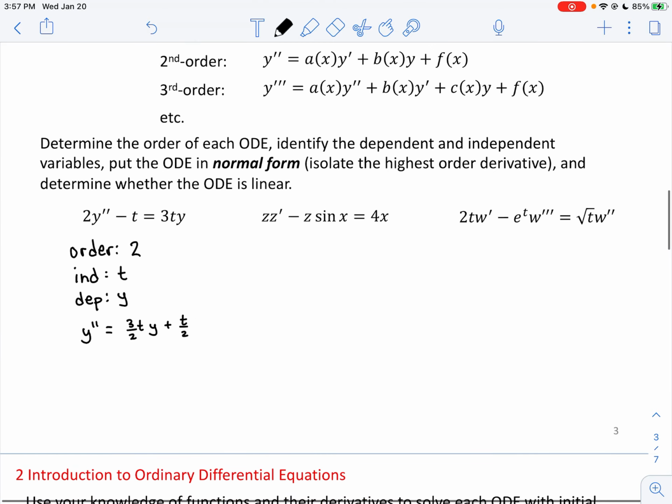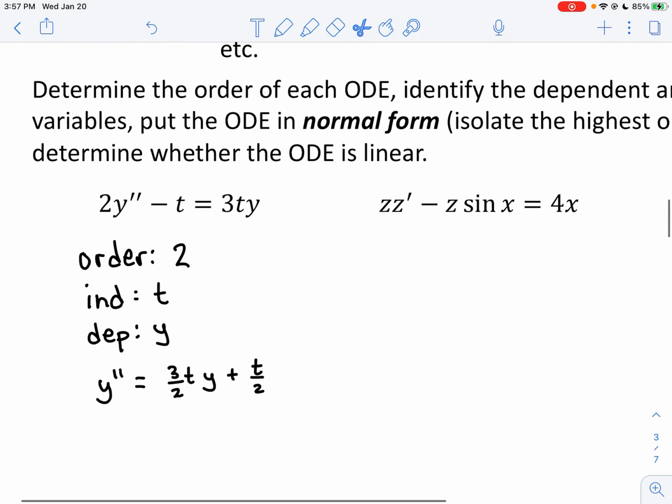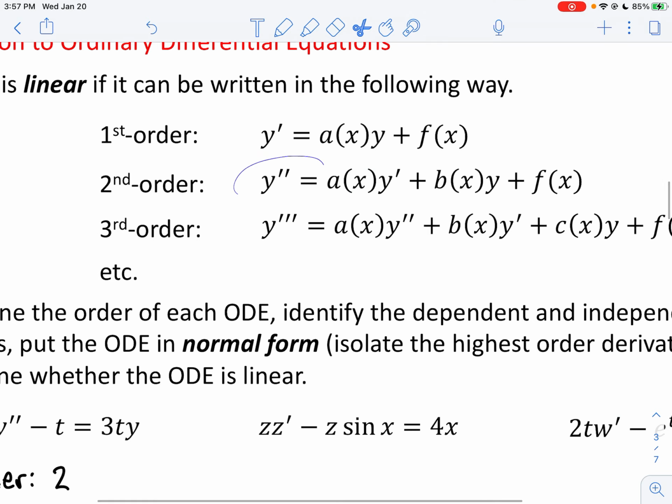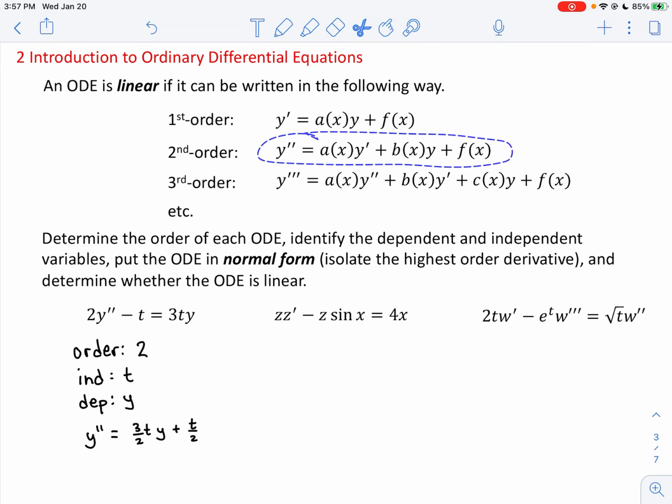Okay, notice the structure. Notice how it mimics this structure right here, except we're using t instead of x as the independent variable. So we have y, oh sorry, I circled the wrong one. How it mimics this structure. So you have y double prime isolated, check. Notice that we don't have this term present. That's just simply because we can let a of x be 0.